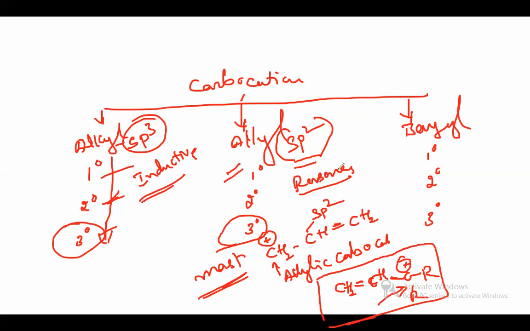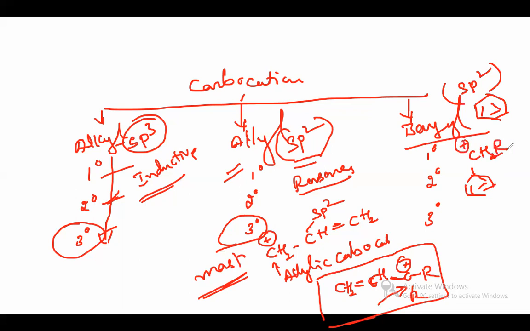Okay, next, benzyl carbocation. A benzyl carbocation is a positively charged species in which the carbon carrying the positive charge is attached to an sp2 hybridized carbon, as we know in a double bond, through the delocalized electrons in the aromatic ring. So if a benzene ring attaches to a CH2 group, CHR, with hydrogen or R, then the carbon will have a positive charge.